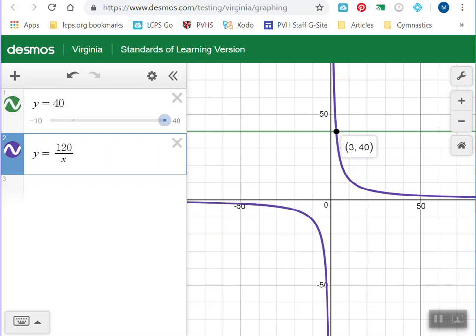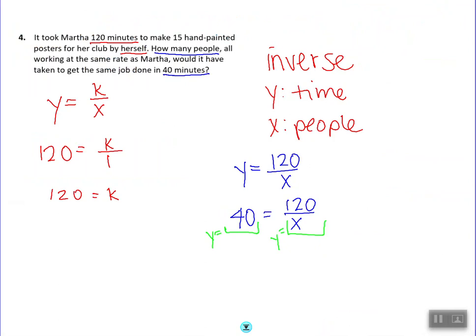We want to solve for x. So the x is the first number, so we get x equals 3. This means that there would be 3 people working if they finished the job in 40 minutes.